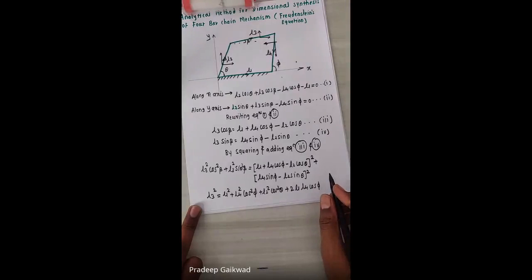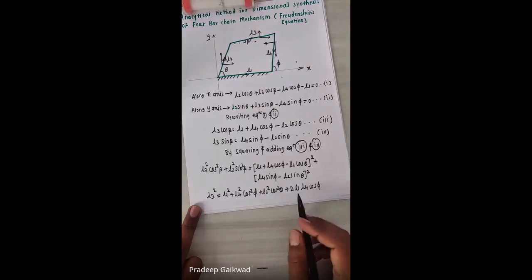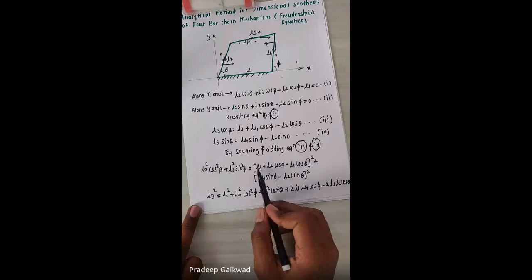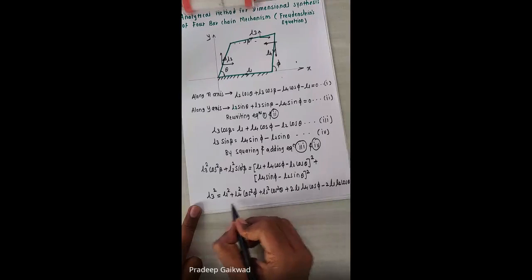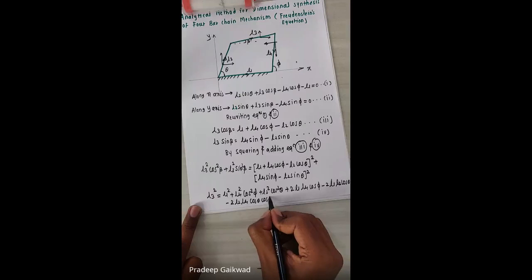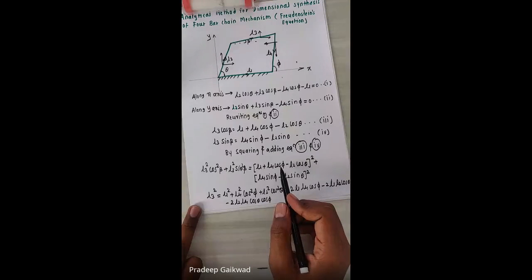Next, twice AC: minus twice L1 L2 cos theta. And next, BC: minus twice L2 L4 cos theta cos phi. This is the simplification of the first term. Similarly, we can simplify the second term.